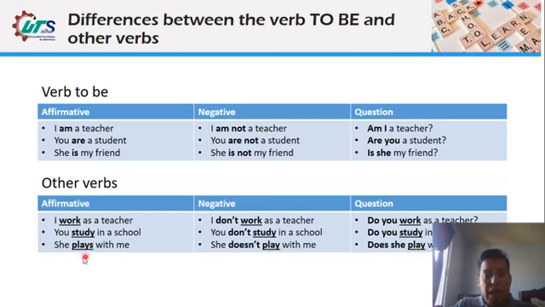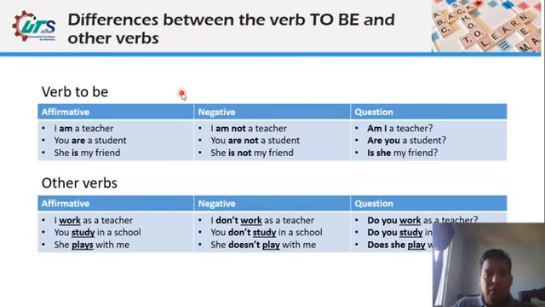Work, study, plays. This is the only one that changes. Okay, that's the difference between the verb to be and other verbs. I hope that this explanation solves some of your doubts about this tense.